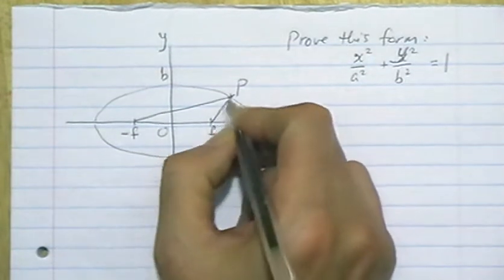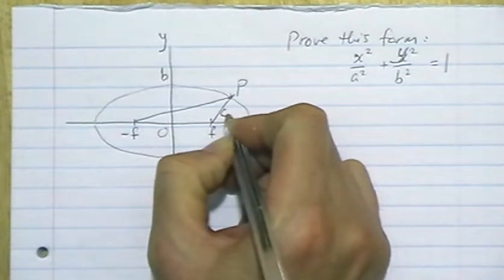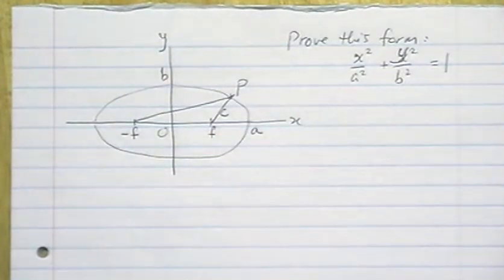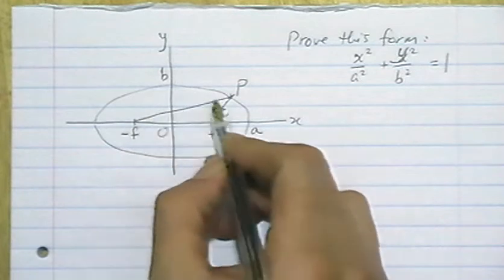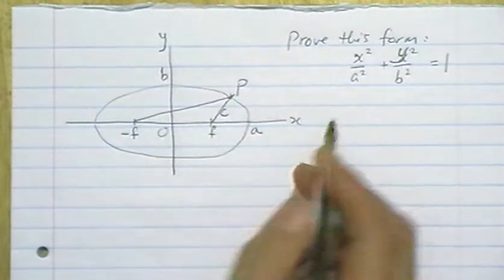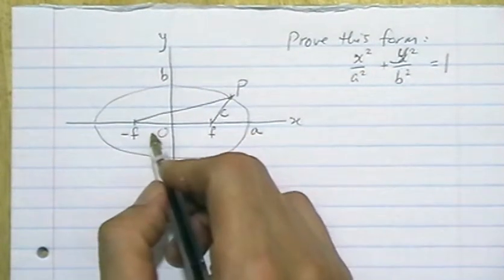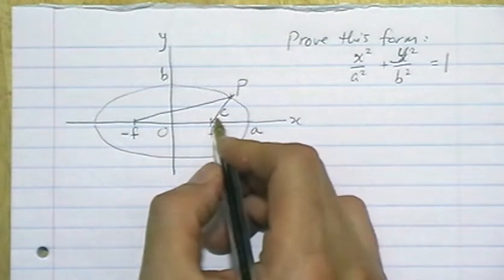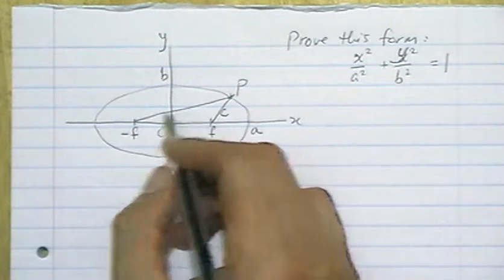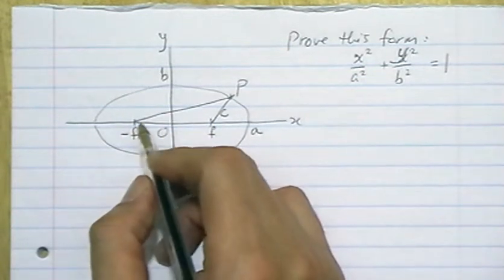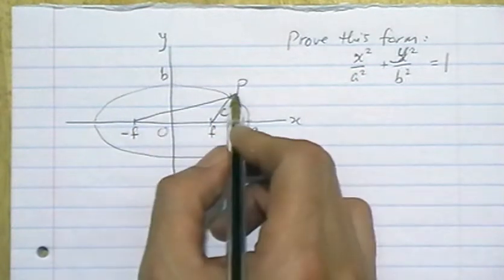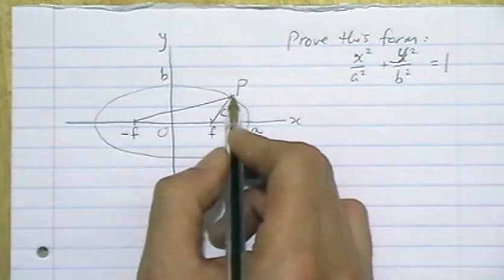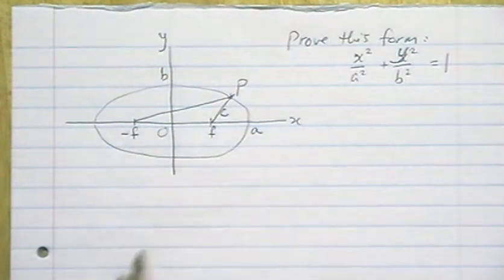Now let this distance be C. Suppose that D is the total length of these two lines, so D must always be fixed.